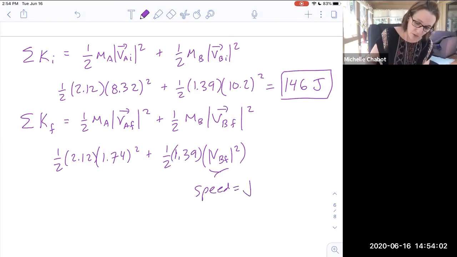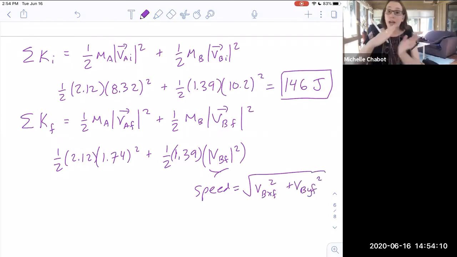that's going to be the speed, which is equal to VBX final squared plus VBY final squared. So we had our x and y components in unit vector notation. So the speed then will be the magnitude of that vector.